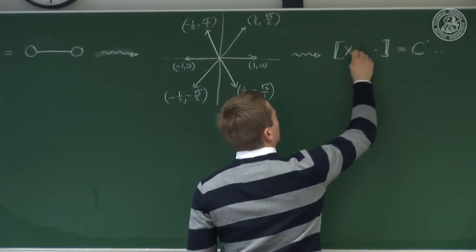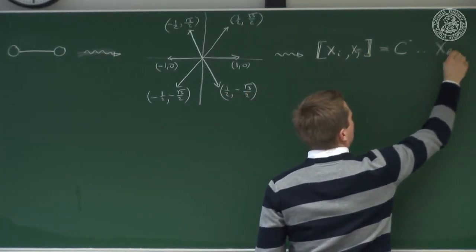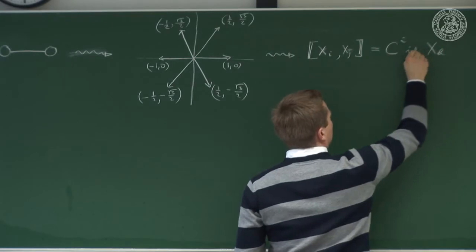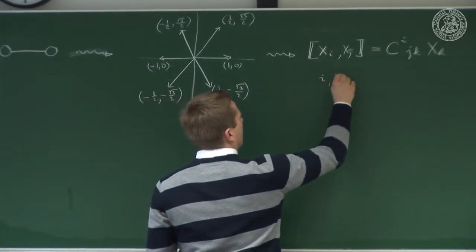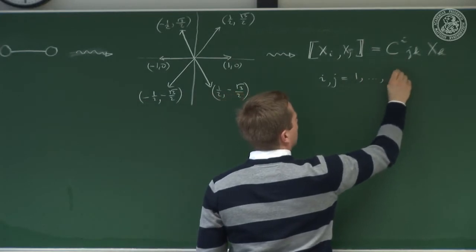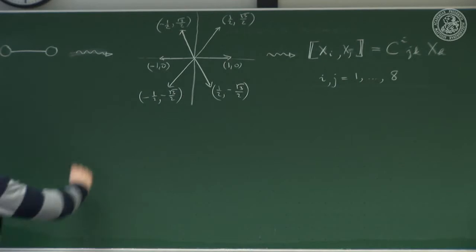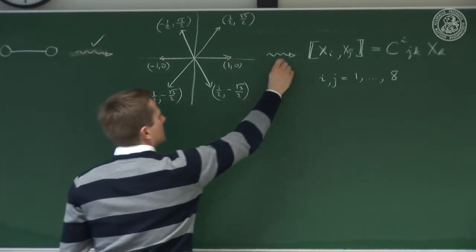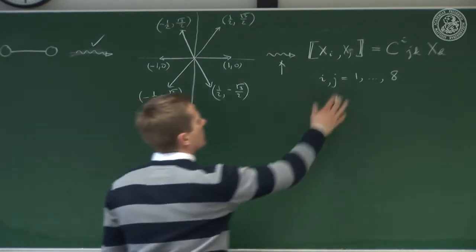So if I chose a basis xi, xj, there'd be structure coefficients c_ij^k here. And we already saw that in this case i and j run from 1 to 8, because it's an 8-dimensional algebra. So this we already completed, and this step we will now perform. So how do we get these commutation relations?